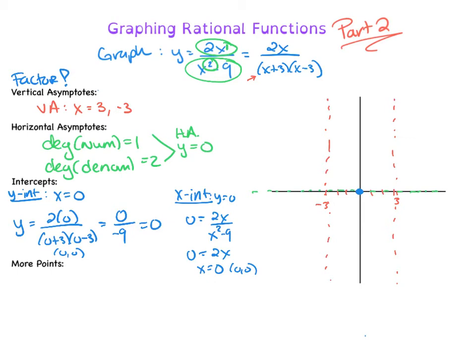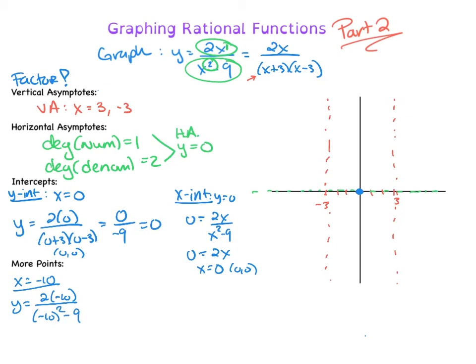But let's plot a few more points. Let's plot things to the right and to the left of the asymptotes. So let's plot, say, at x equals -10 to start. So y equals 2 times -10 over (-10) squared minus 9.